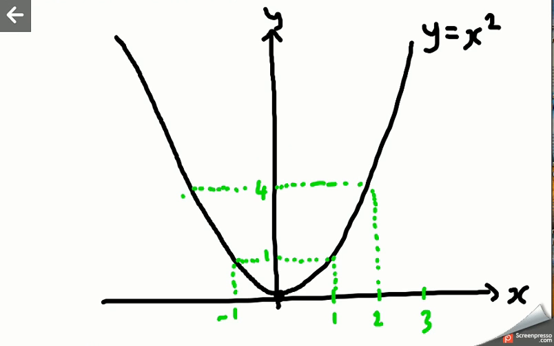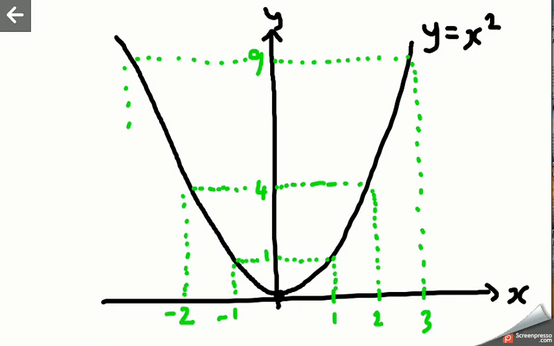And also on the other side, x is equal to negative 2 also gives y equal to 4. And finally, when x is equal to 3, y is equal to 9. And also when x equals negative 3, y is equal to 9. Okay, so that's all well and good.